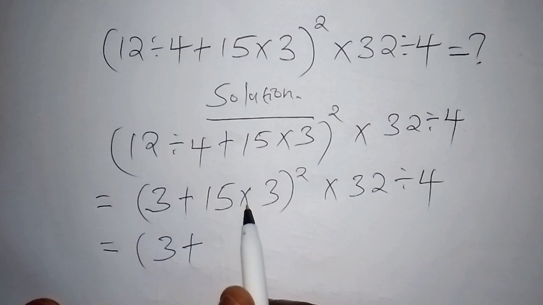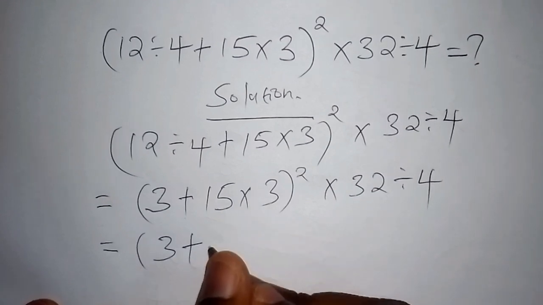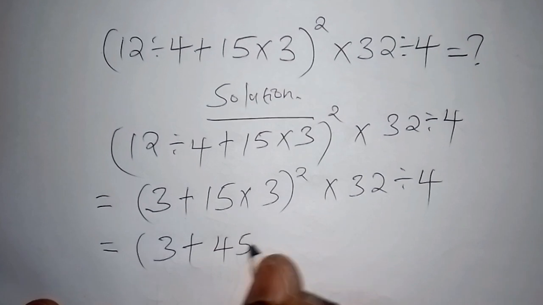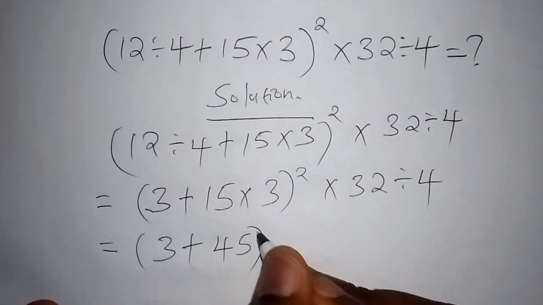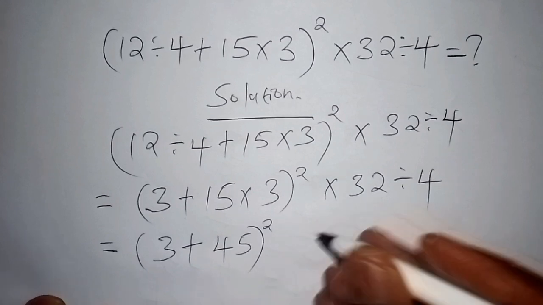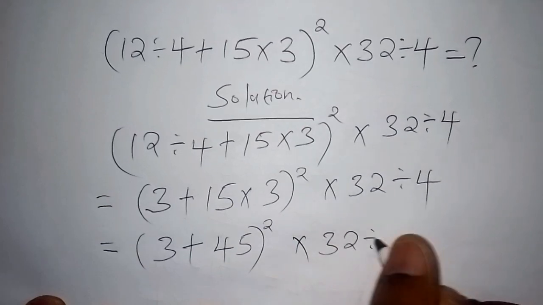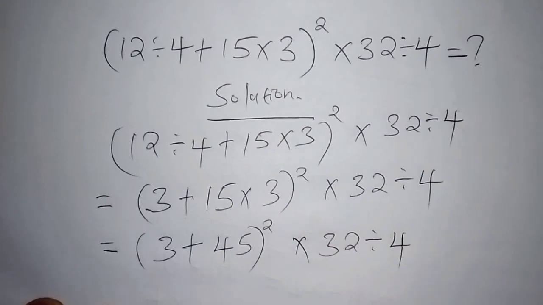So 15 times 3 is 45. Now we shall have 45 there, still in the bracket, then squared. Then we combine this and say multiply by 32 divided by 4.